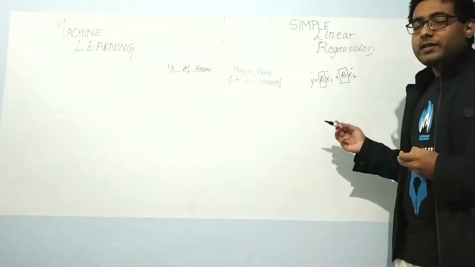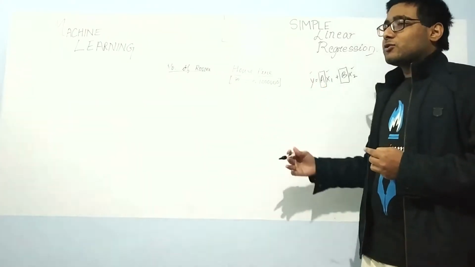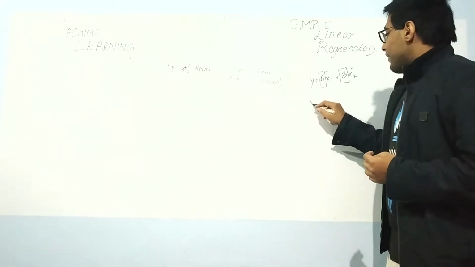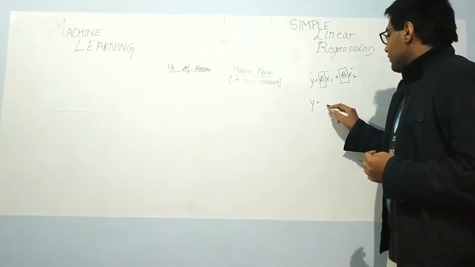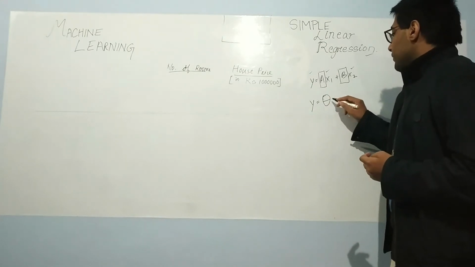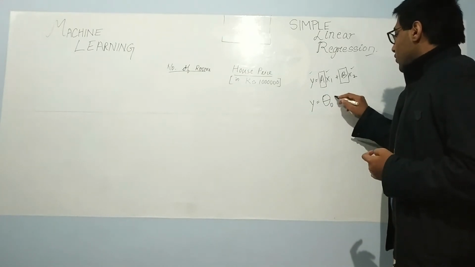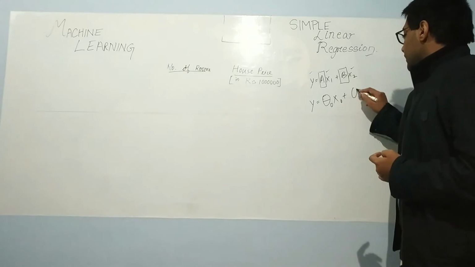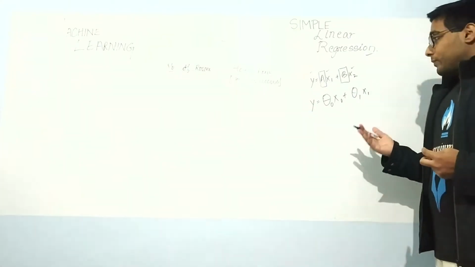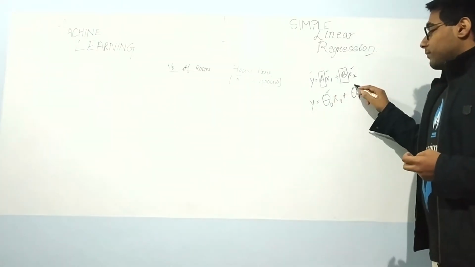In simple terms, when we start solving a problem, we will have an equation like this: y equals to some coefficient theta naught x naught plus theta 1 x1, and our problem would be to find out theta naught and theta 1.